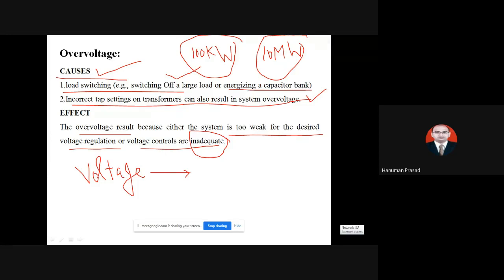insulation of the systems. It may be insulation for a transmission line system, or any appliances, because appliance insulators are designed on the basis of voltage.